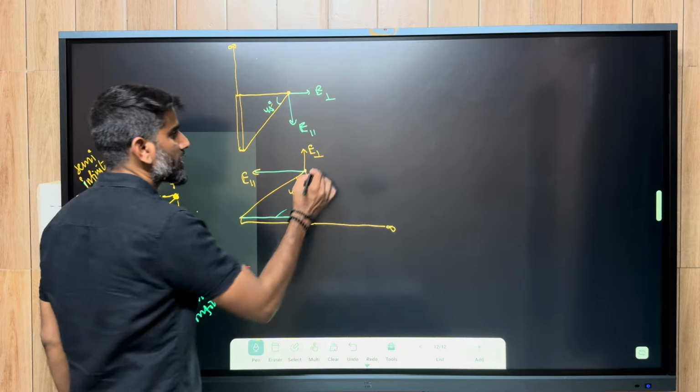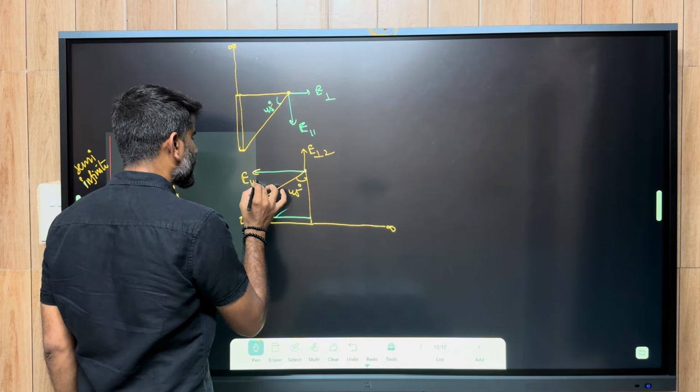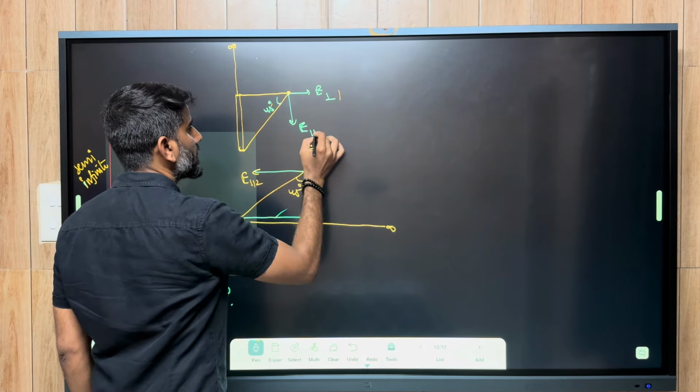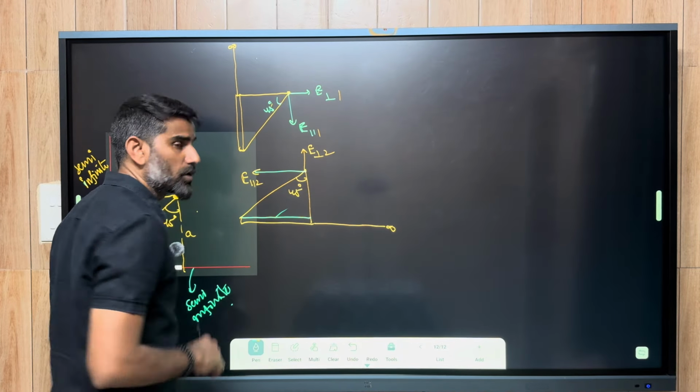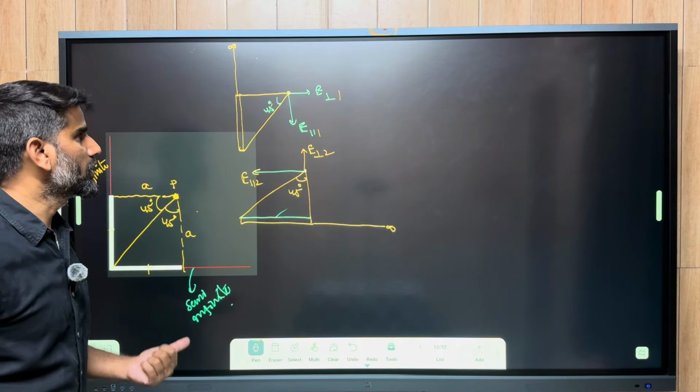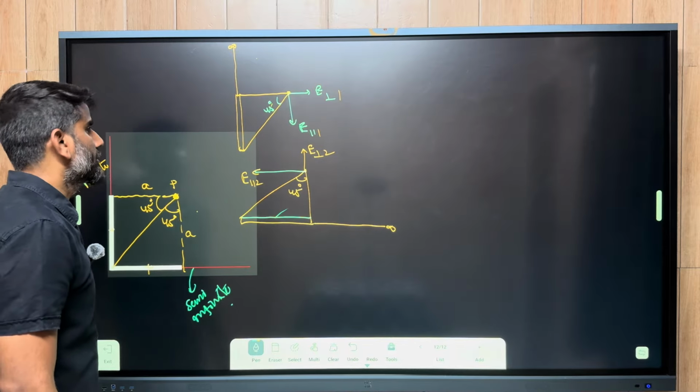Now let's find E perpendicular 1 and E parallel 1. Let's find E perpendicular 1.